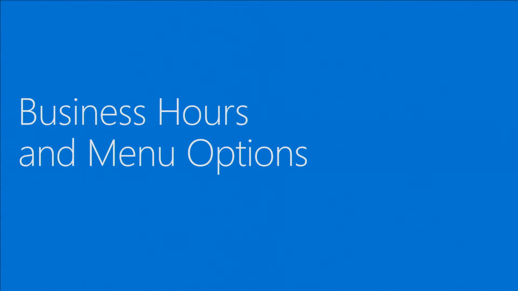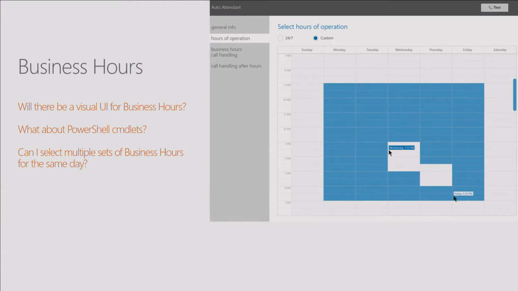What if the company needs to have something like an IVR talking to the caller and directing their call accordingly? Cloud PBX will have business hours and many options as well. And we will be introducing business hours embedded in auto-attendant and other calling capabilities.